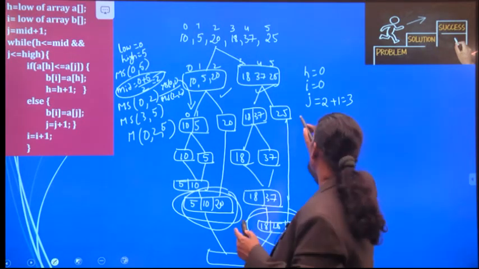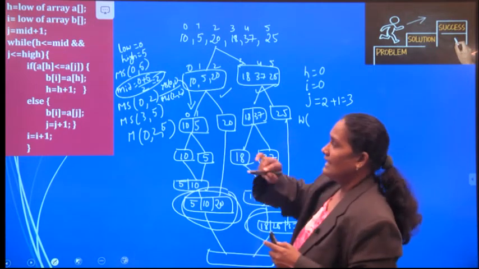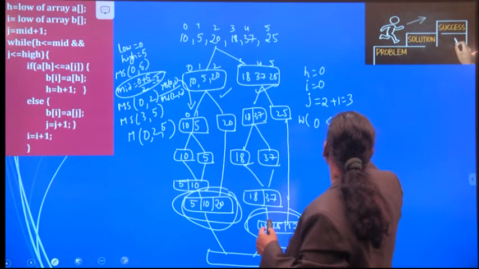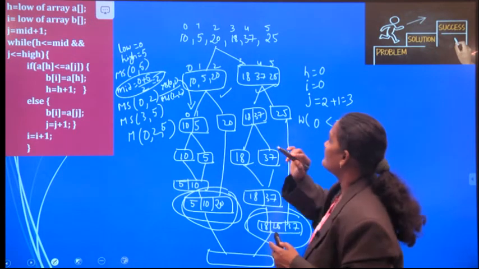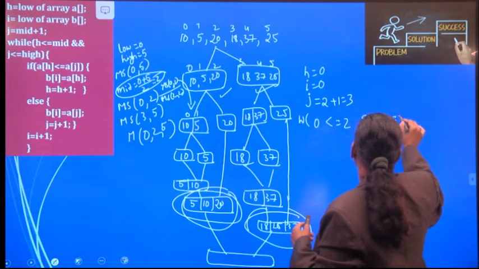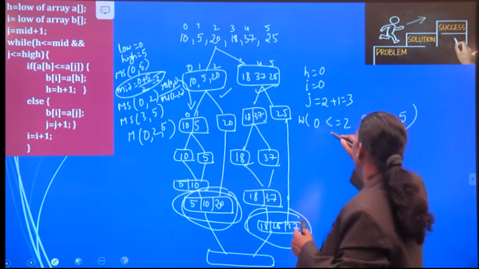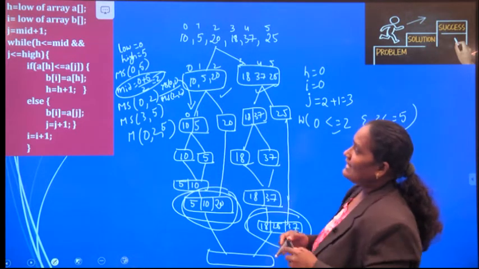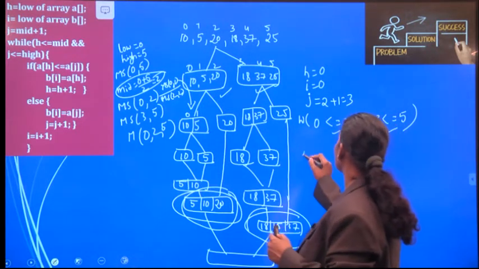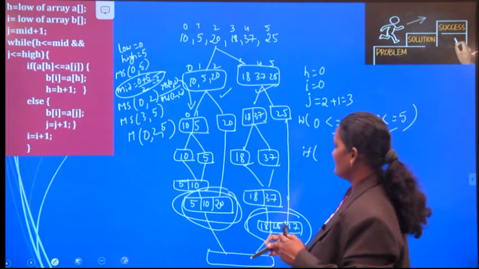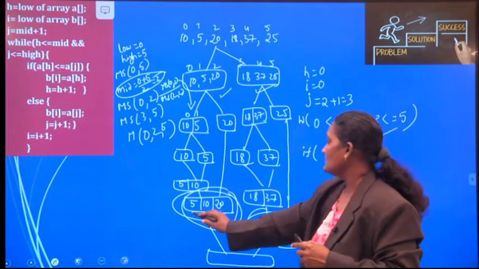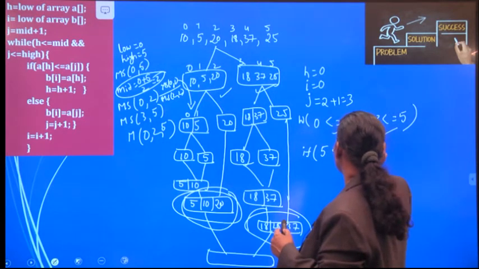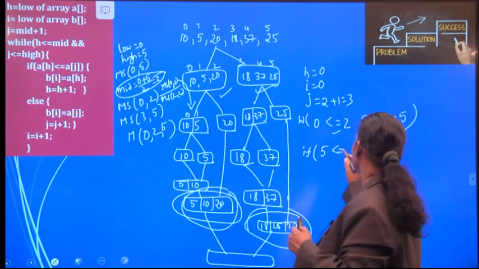Now, what we are doing? Let us see. While H is less than or equal to mid, 0 less than or equal to 2, and J value 3 is less than or equal to high, which is 5. Yes, this condition is true, this condition is true. In this case, we are considering A of H. A of 0 is 5, is it less than or equal to A of J, that is A of 3, which is 18?